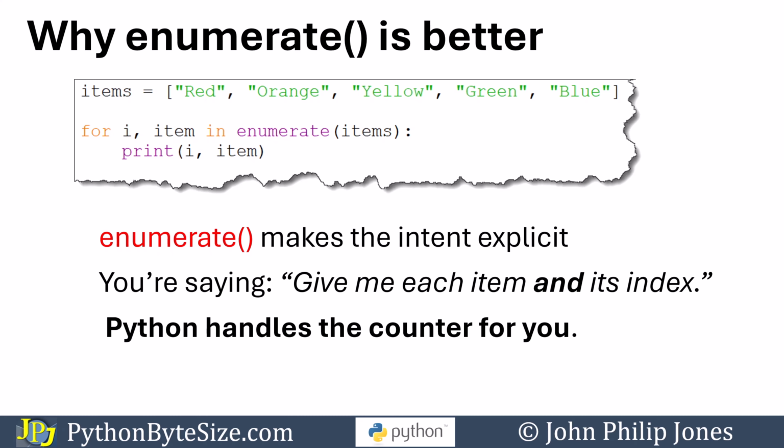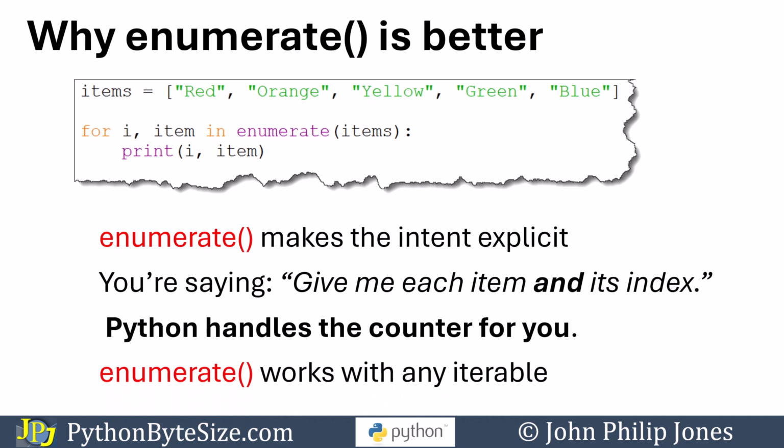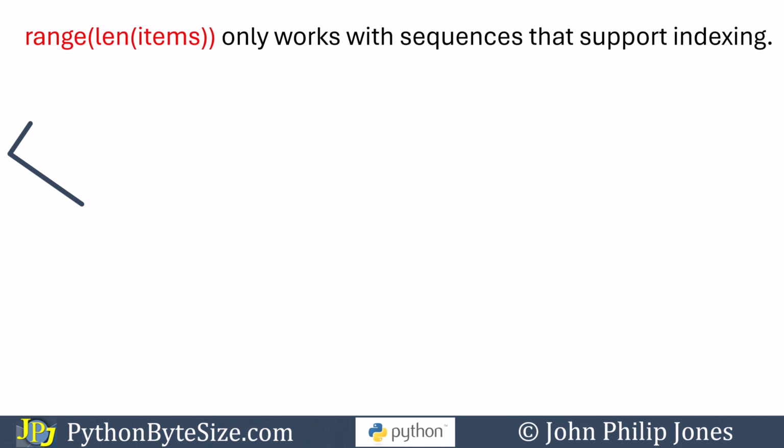The other important feature of the enumerate function is: enumerate works with any iterable, not just lists. And of course, many iterables within the Python programming language are not structured with an index. Moving on to the next slide, let's consider this.